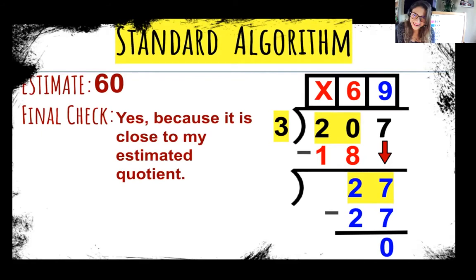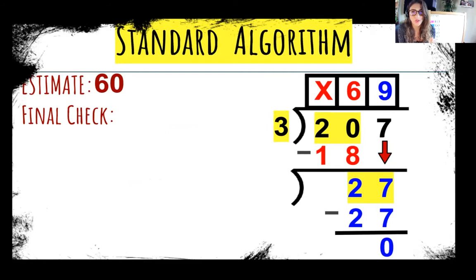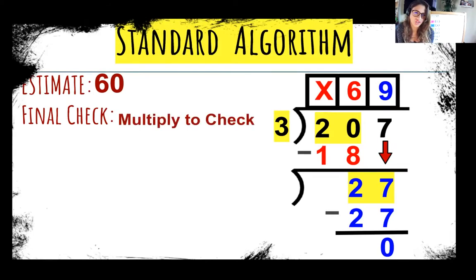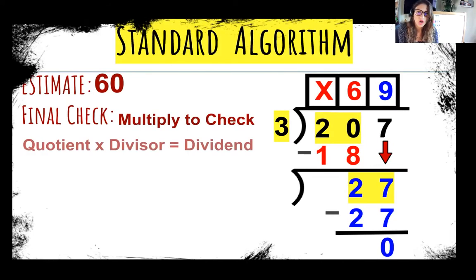I have a way to check it 100%. And that is to use our inverse operation. What's the inverse operation of division? Multiplication. We're going to multiply to check. So we're going to take our quotient of 69 times our divisor, and that will give us our dividend of 207.